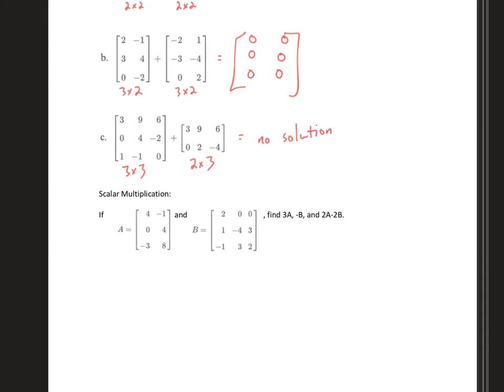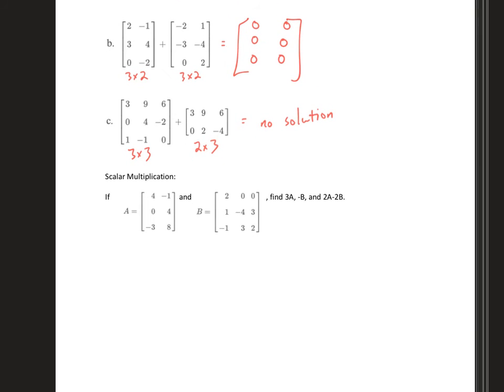Another thing we can do with matrices is something called scalar multiplication. So we just take a matrix and we scale it up or we scale it down by whatever number we're multiplying by. So here we've got A, which is a 3 by 2, B, which is a 3 by 3. They want us to find 3 times A and then -1 times B and then 2A minus 2B.